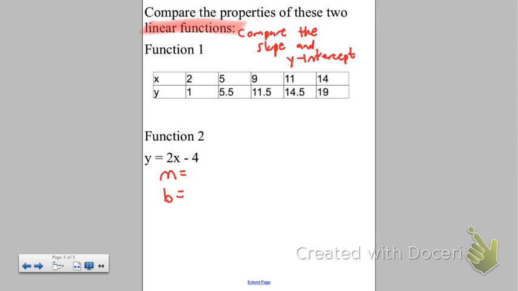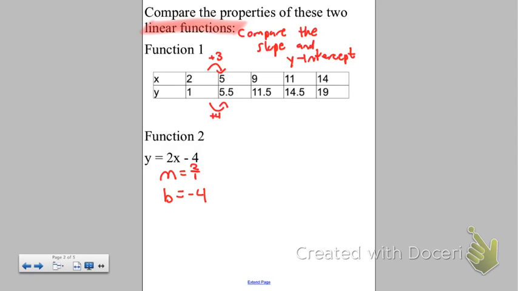My slope for my equation is going to be 2 over 1, and my y-intercept is going to be -4. Now to find the slope of my table, I'm going to determine how the x values are changing and how the y values are changing. My x value is increasing by 3.